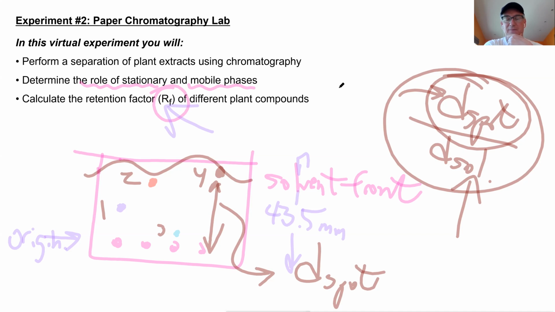What do we think? Okay, Ariana, why do you think it's intrinsic? Why do you think the distance that the spot moves is an intrinsic property?